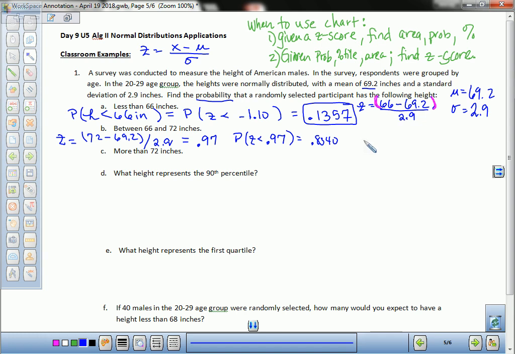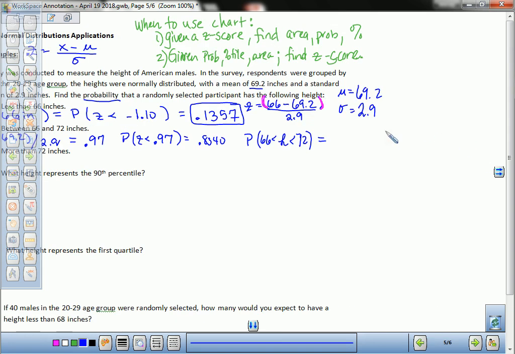All right, so the probability that the height is between 66 and 72 inches is the same as the probability that our z-score is between negative 1.1 and 0.97.